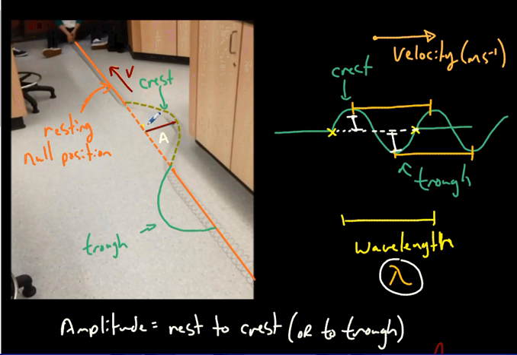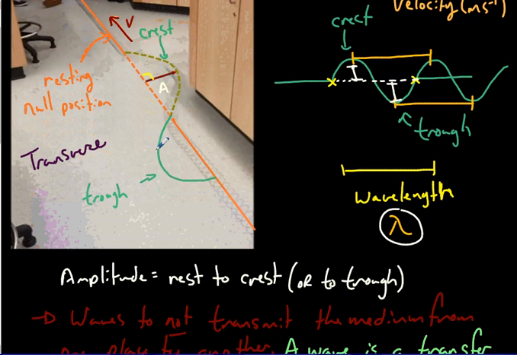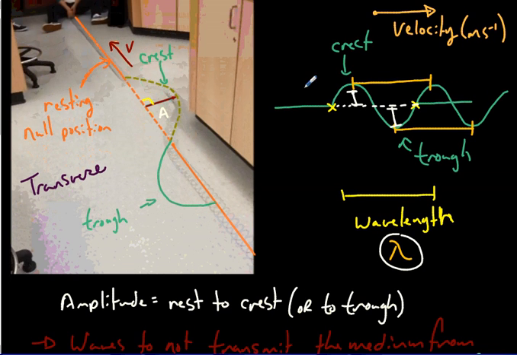We say that the velocity and the displacement of the medium are perpendicular to each other. This type of wave is called a transverse wave. Transverse means across, or at a right angle to.